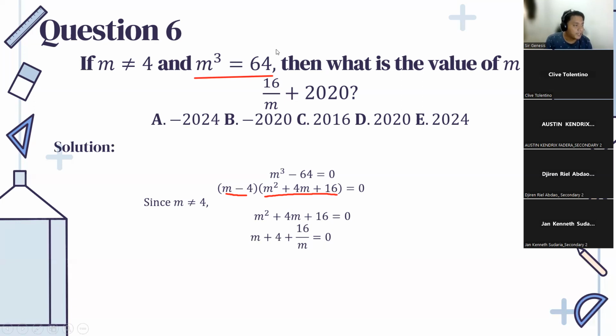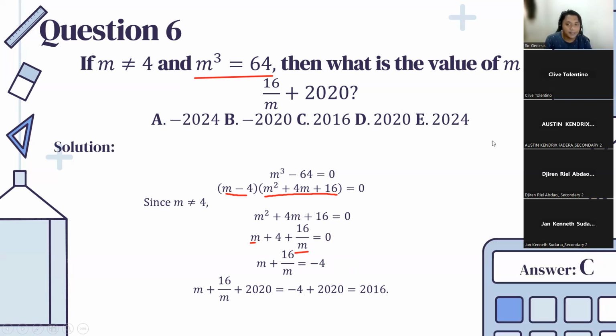As you can see, we already have m and 16 over m. Okay, so m plus 16 over m is equal to negative 4. But the problem asks for plus 2020. So you just add both sides by 2020 and you will get negative 4 plus 2020, which is equal to 2016. So the answer for this one is letter C.